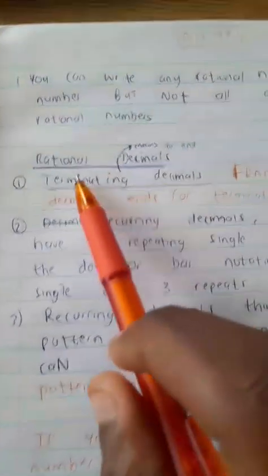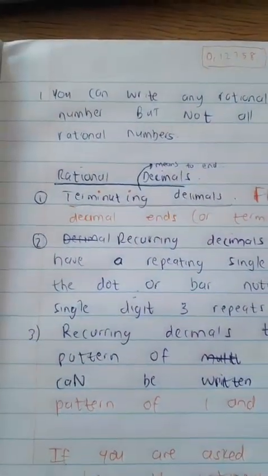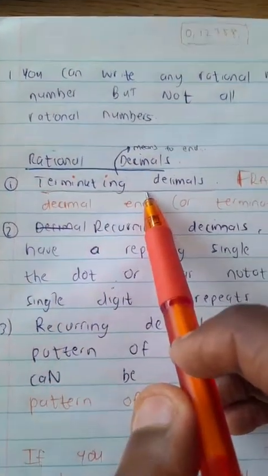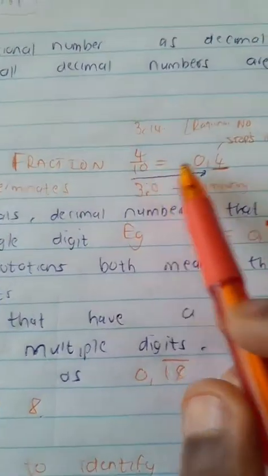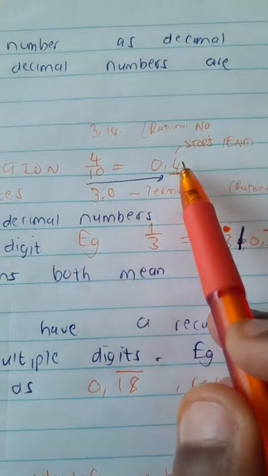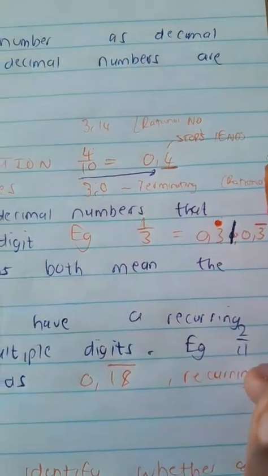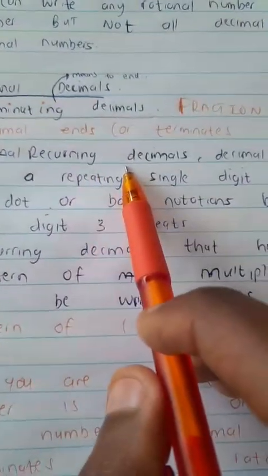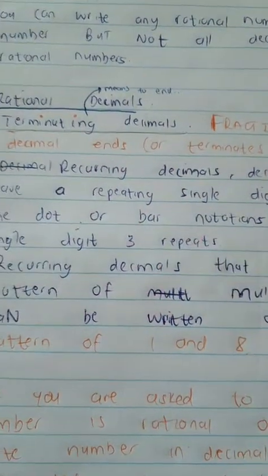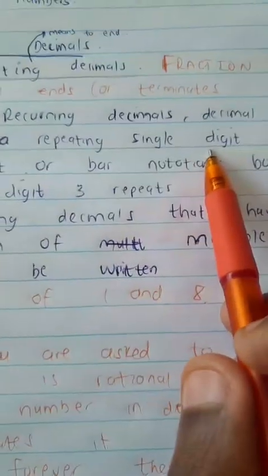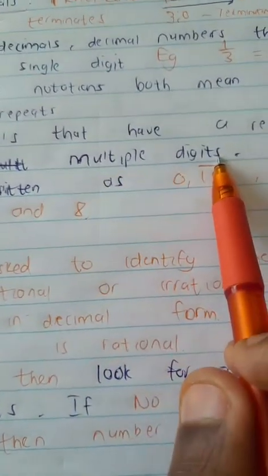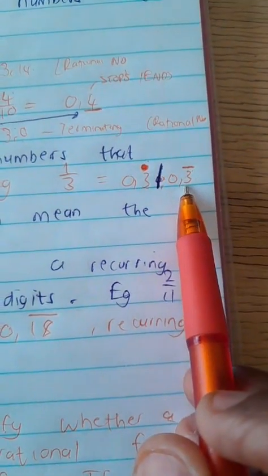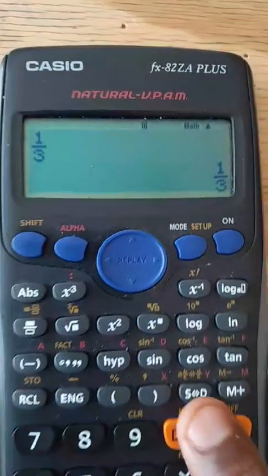So if you look at rational numbers, there are 2 types of decimals. You can either have terminating decimals, like 4/10, which is 0,4, because the 4 stops, doesn't repeat, doesn't continue. Or recurring decimals, a repetition of either single digits or multiple digits. Single digits like 1/3 when you get 0,33333, like we got here.